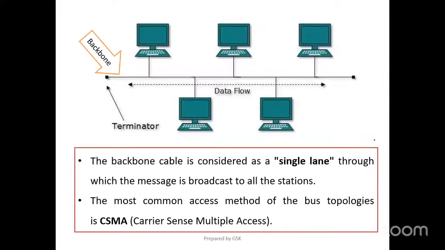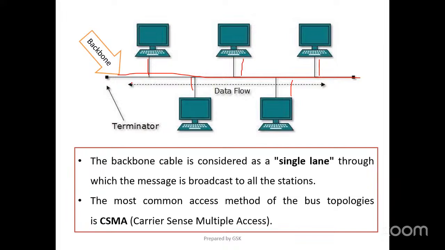Bus topology, very simple. In this, we are using only a single cable. To this single cable, all the systems are connected. So this is the architecture of bus topology. And here, the data can flow bidirectionally.